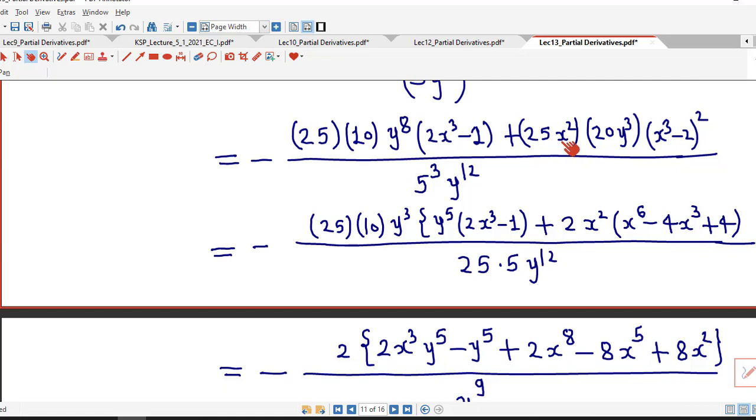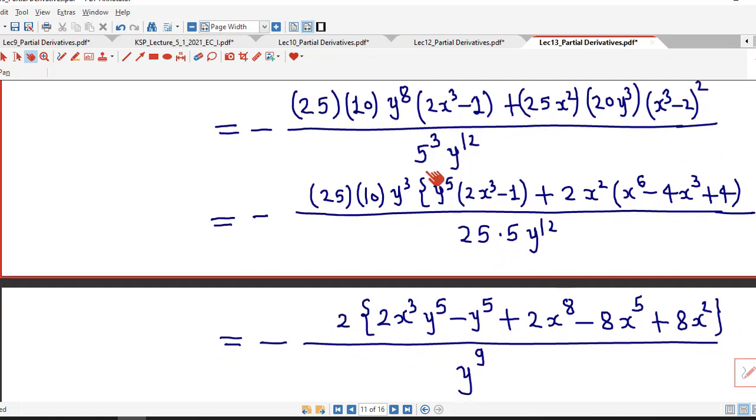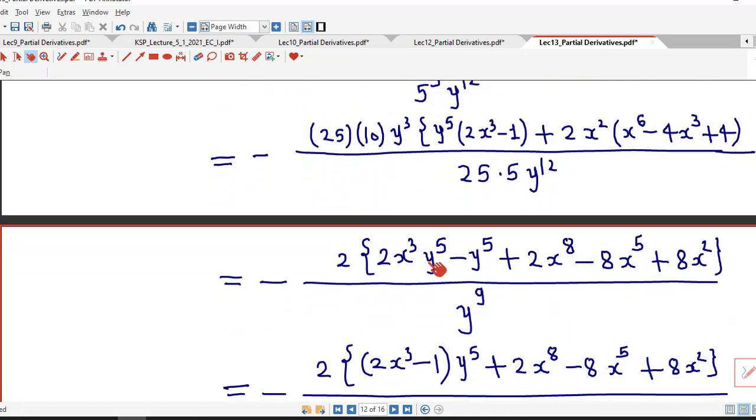We have x square, and here we have taken 10 common, so we will have 2x square. Y cube is also outside, and we expand this using the formula of a minus b square. So it is x raised to 6 minus 2 into 2, 4x cube plus 4, and here we rewrite this as 5 square into 5, that is 25 into 5 into y raised to 12.